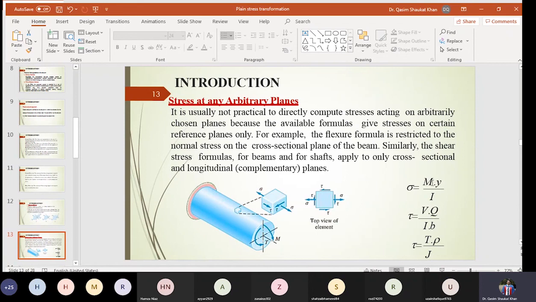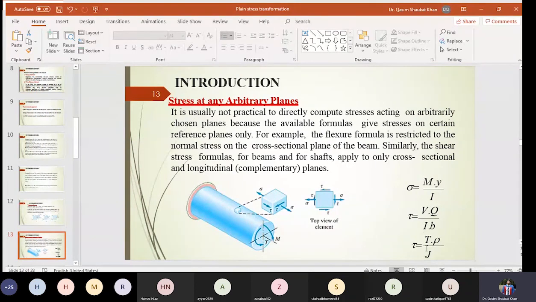Then similarly, the shear stress formula for beams and for shafts applies only to cross-sectional and longitudinal planes. This is the shear formula which we have studied in our lab class as well. Shear stress is equal to torque times radius over the polar moment of inertia, which is the resistance to torsion.